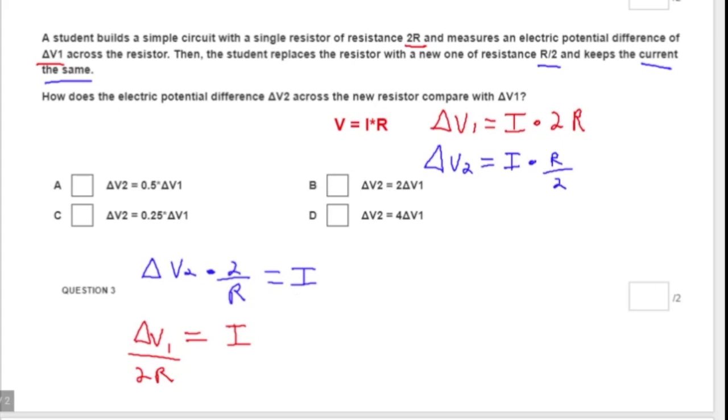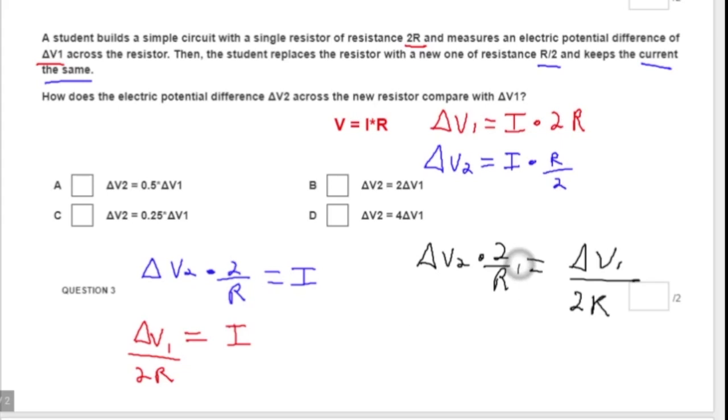That gives me my new equation, which is delta V2 times 2 over R is equal to delta V1 divided by 2R. Now we just need to solve for delta V2 like we did before.